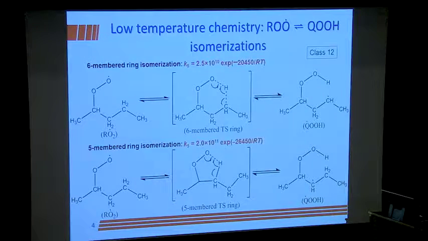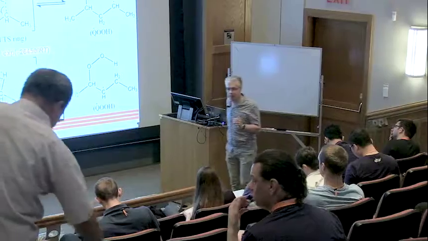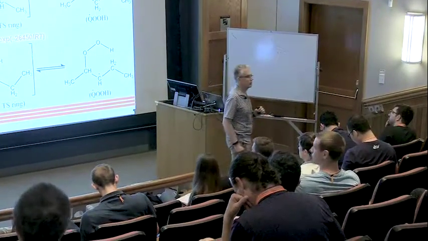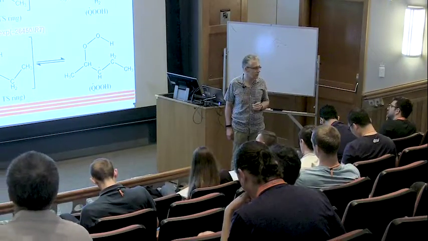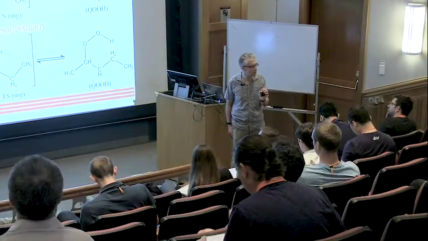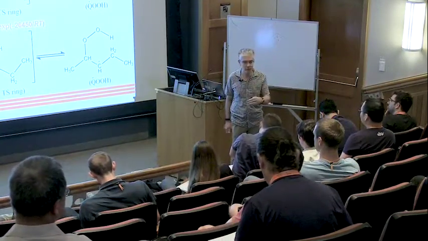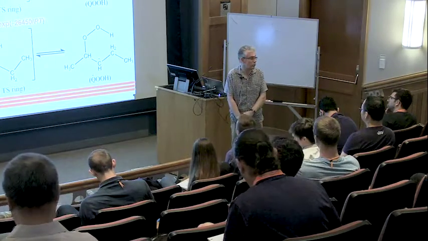So if you have a molecule, you could nearly predict its reactivity by just looking at its structure and asking how many 5-membered rings will this molecule generate, how many 6-membered rings, and how many 7-membered rings during the isomerizations. You could then draw a correlation.